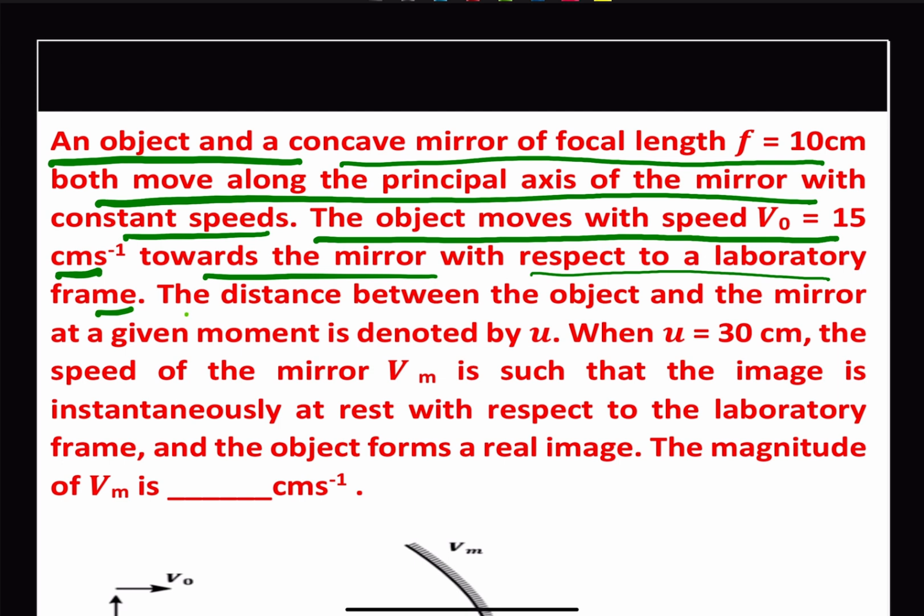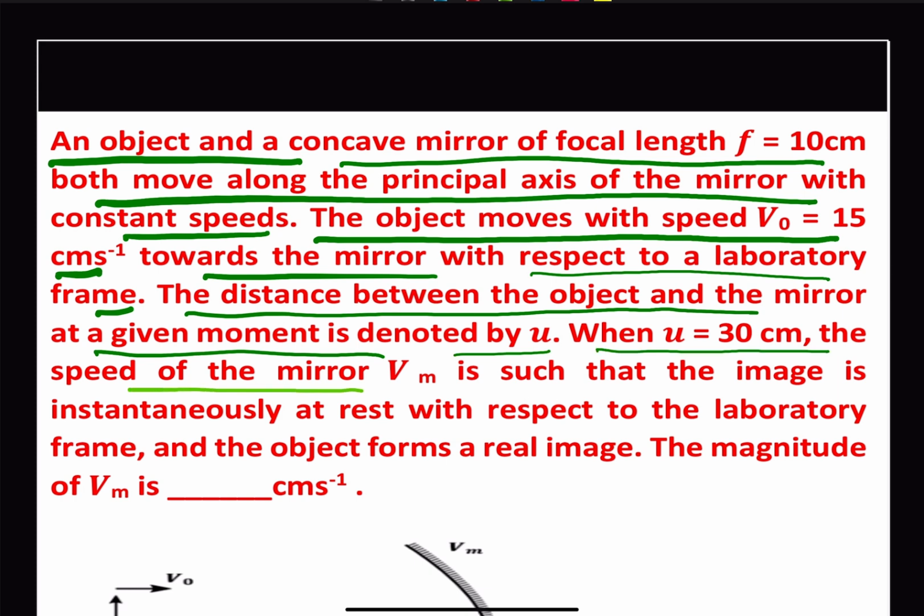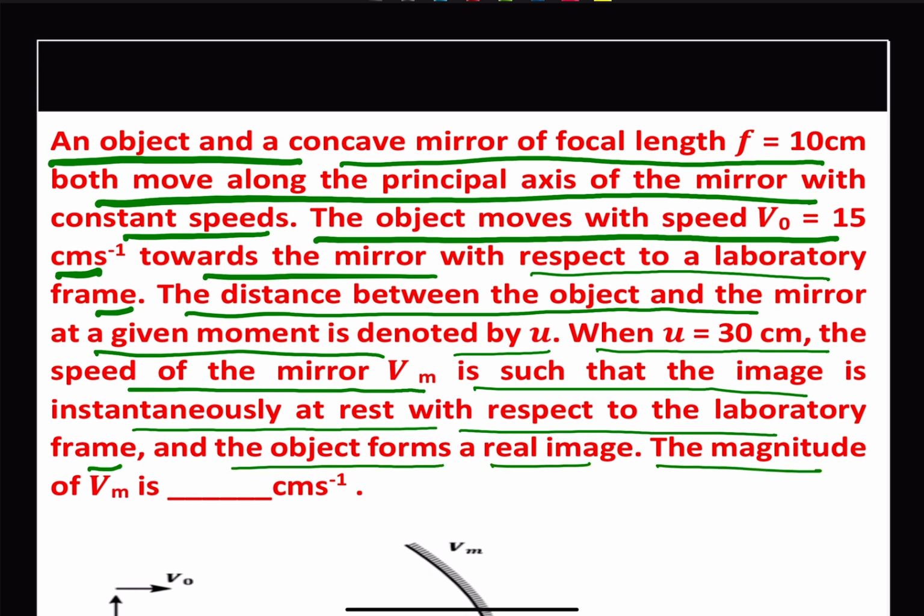The distance between the object and the mirror at a given moment is denoted by u. When u is equal to 30 cm, the speed of the mirror Vm is such that the image is instantaneously at rest with respect to the laboratory frame, and the object forms a real image. The magnitude of Vm in centimeter per second is.